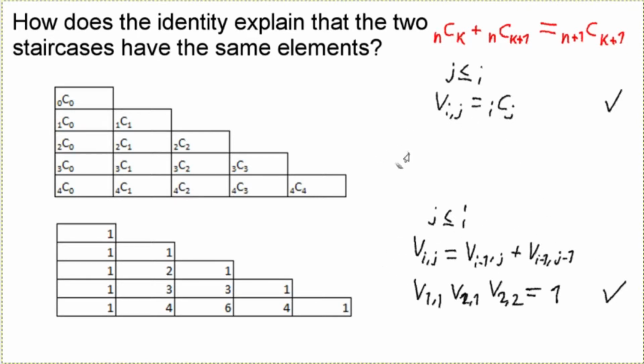So we need to show that i choose j is equal to (i-1) choose j plus (i-1) choose (j-1). And this is what this tells us, just slightly differently. So this is also proven. So these two must, per definition, be the same.